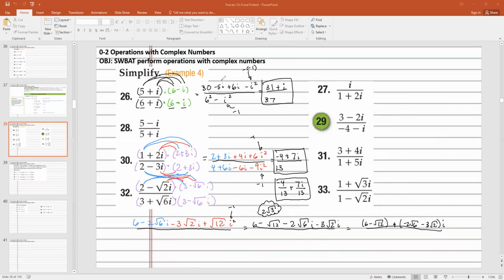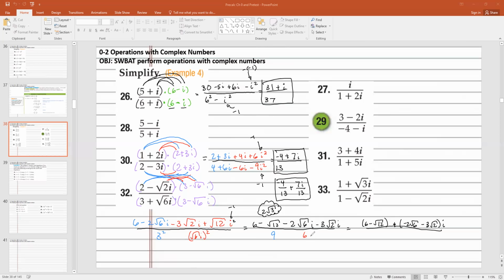Oh boy. On the bottom, just square it. So square the first term. Our first term is 3 squared. It's going to give us 9. And square the second term. Just square root of 6i squared. And square root of 6 squared is 6.